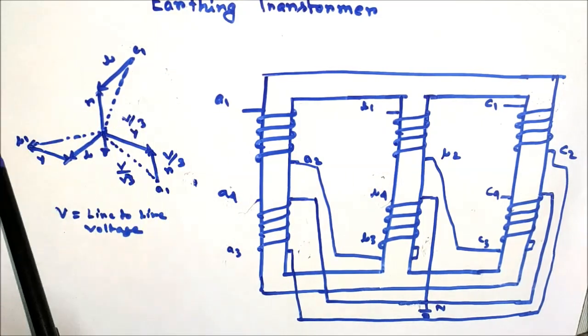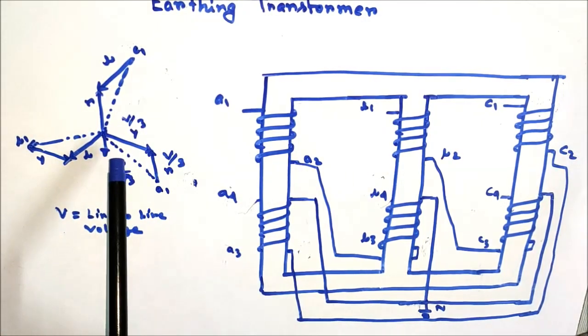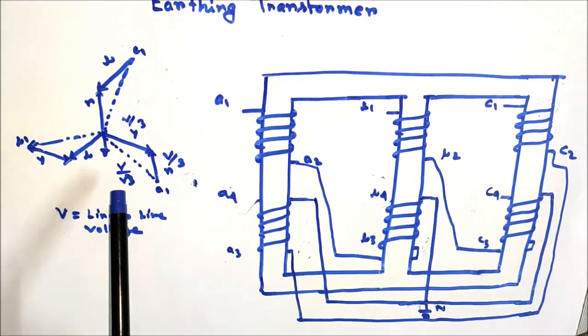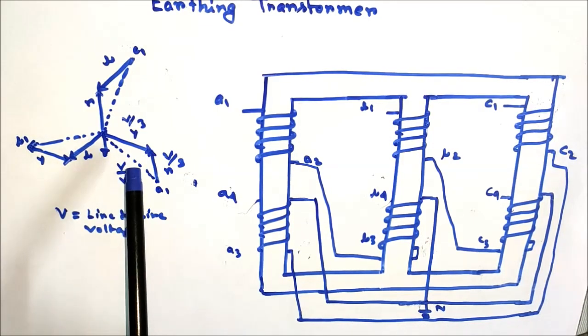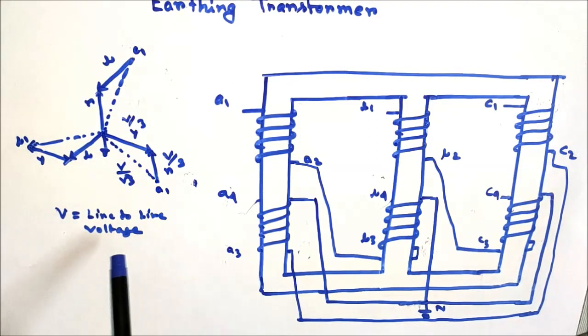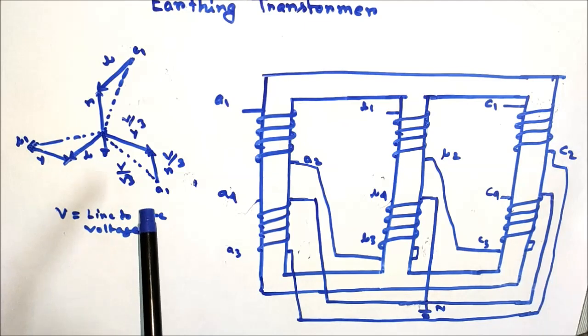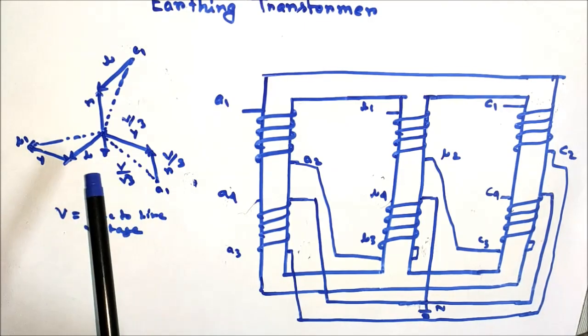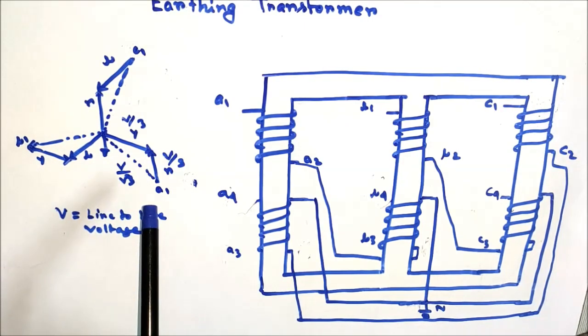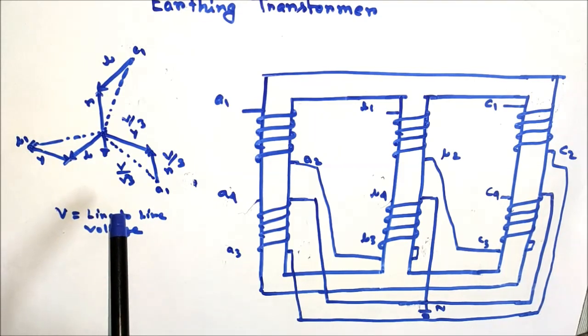Now the phasor diagram has been shown. Each zig and zag winding is supposed to have a voltage of V by 3, where V is the line to line voltage, and the phase to neutral voltage for each phase is V by root 3.